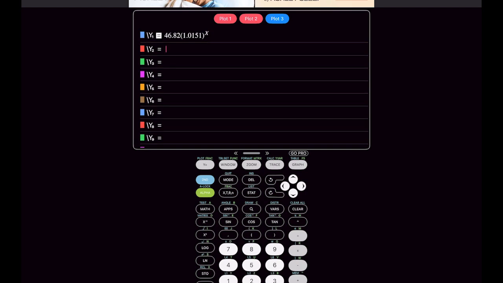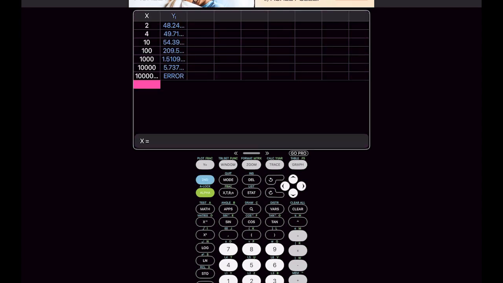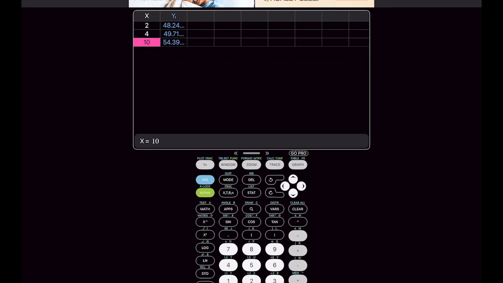Then I want to go to my second window for table set and make sure that your independent variable x says ask. Then we'll go to the table, so second graph, and we're going to delete each of these, and I'm just going to plug in the 30 and the 20.